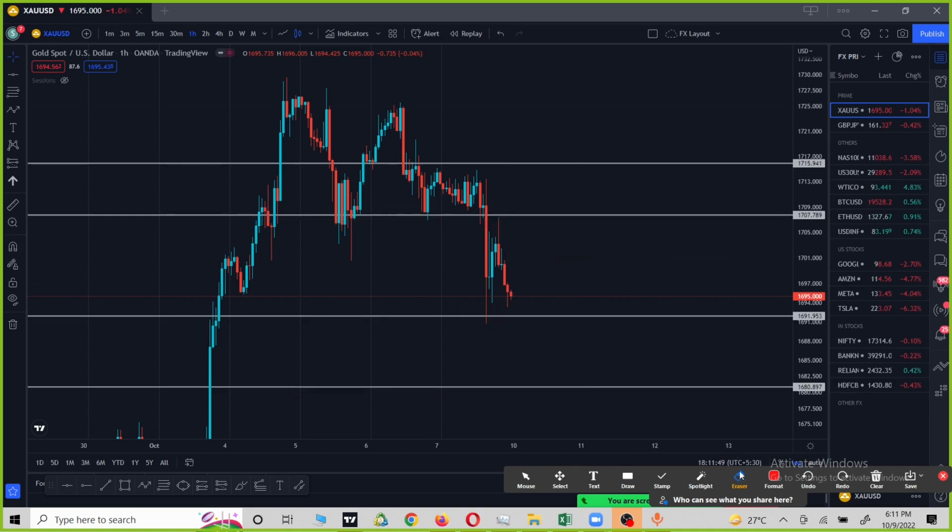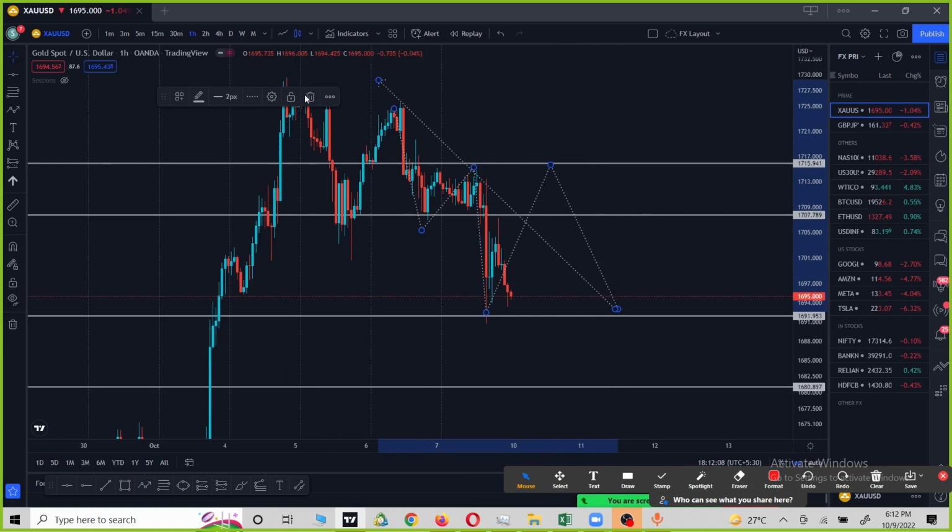And another possible opportunity is, because we know that on the 1 hour time frame we are bearish, right? It's a lower low, lower high, lower low, lower high. So this 1 hour downtrend is valid as long as the price stays below this price.